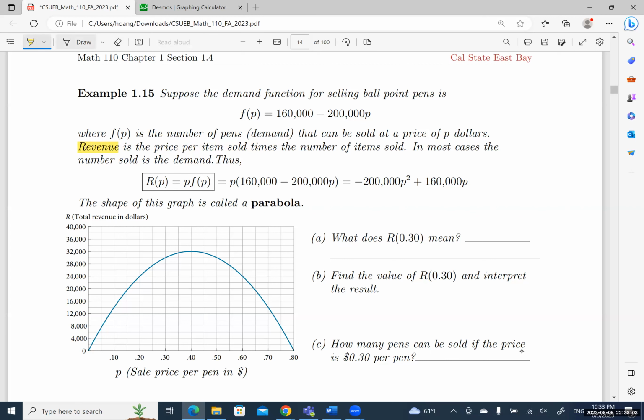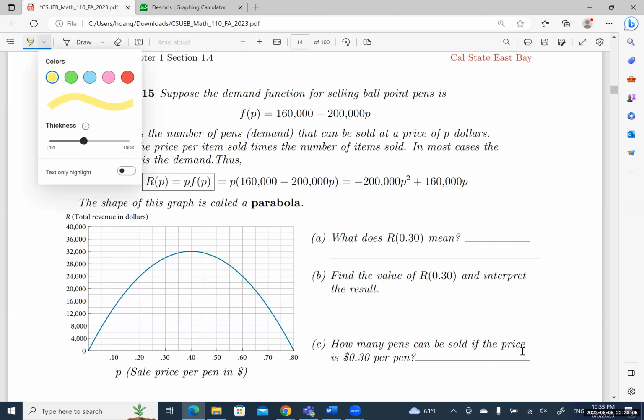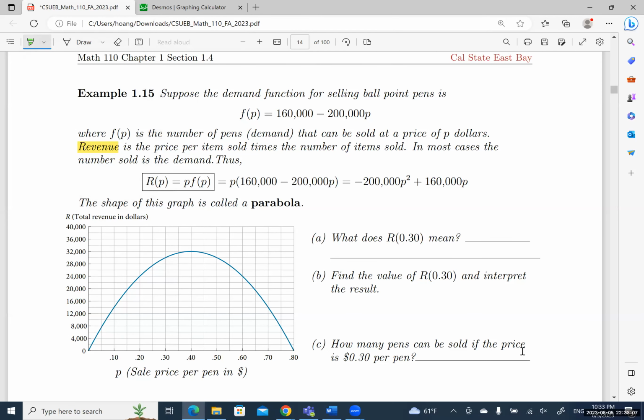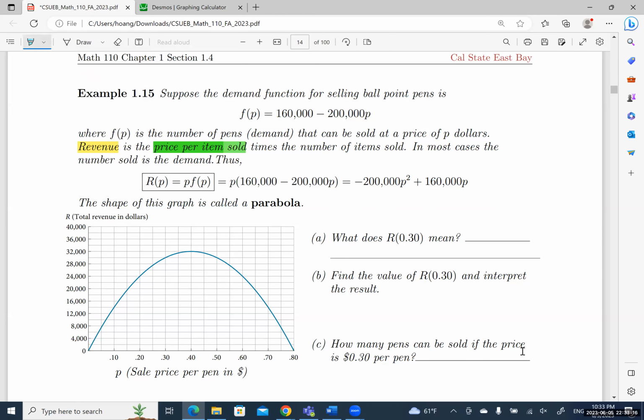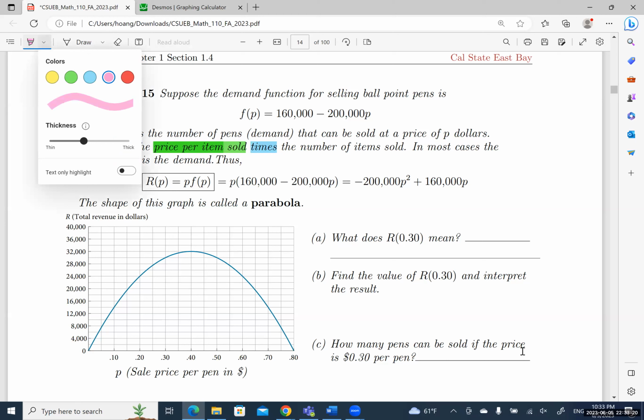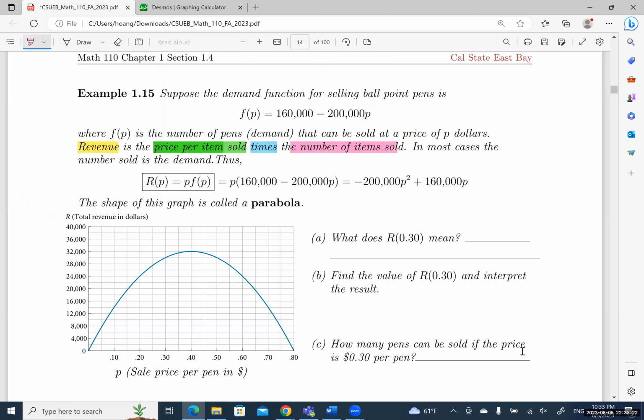Revenue is the price per item sold times the number of items sold. Right?